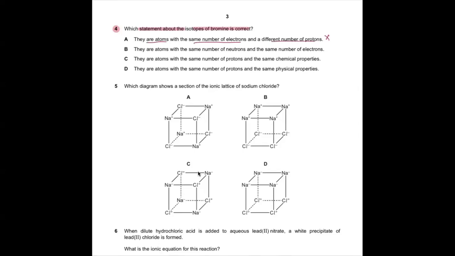No, isotopes have the same number of protons because they are of one element, right? If they are of bromine, they both have the same number of protons as bromine has. They are atoms with the same number of neutrons and number of electrons. No, not the same number of neutrons. Isotopes always have a different number of neutrons.